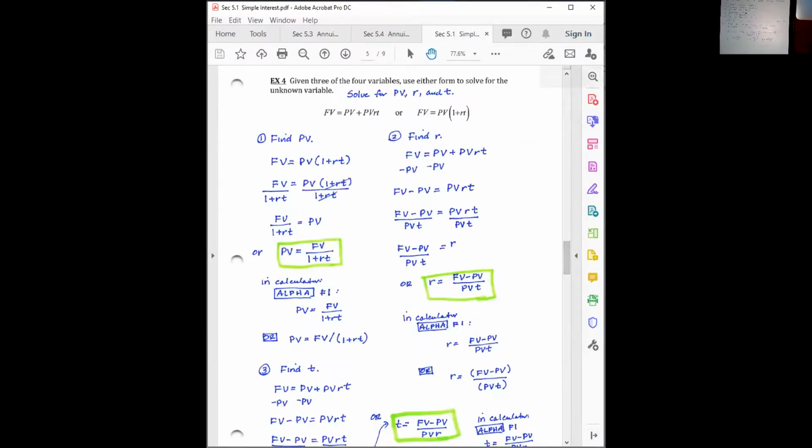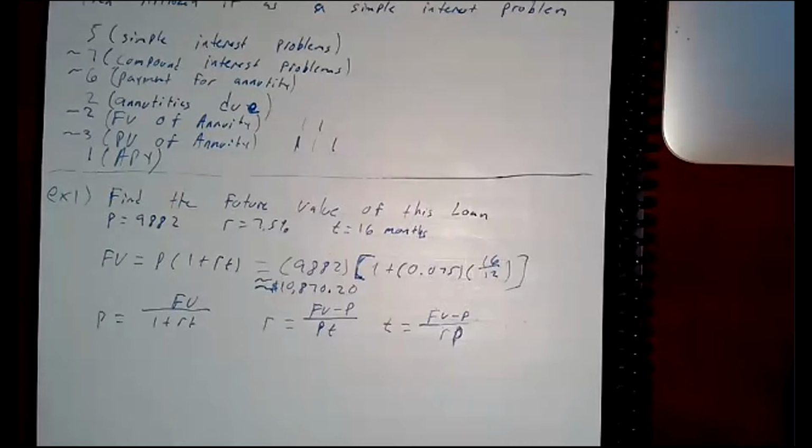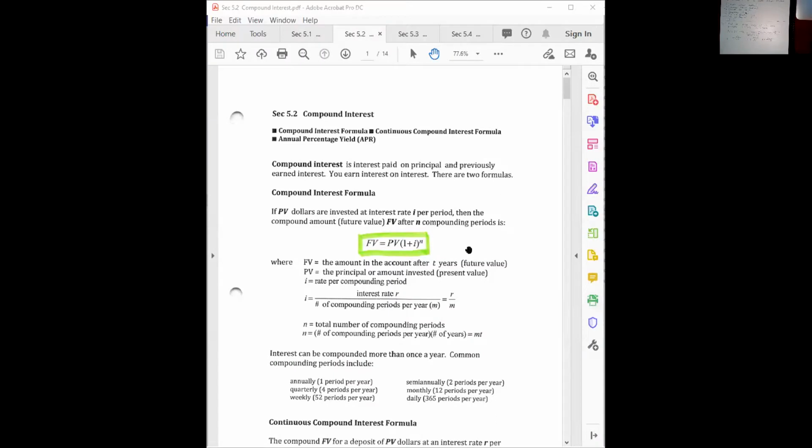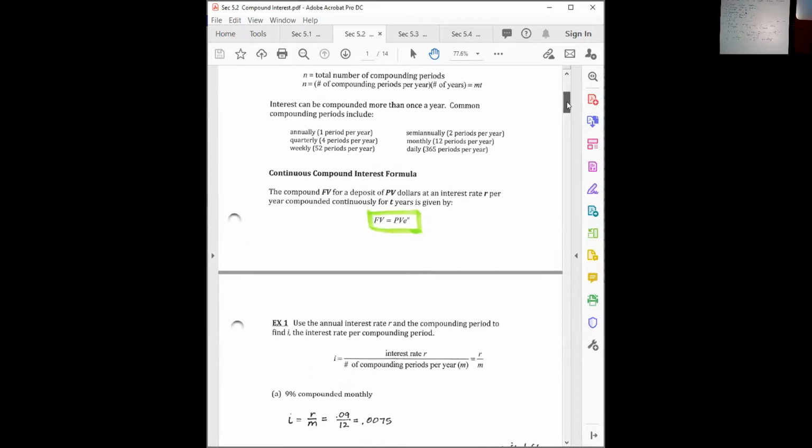One second, let me find the compound PDF. You guys, I did send them to you, right? I can't recall. Okay, so here's the future value for compound. Future value, if it's compounded continuously, you use the e one.